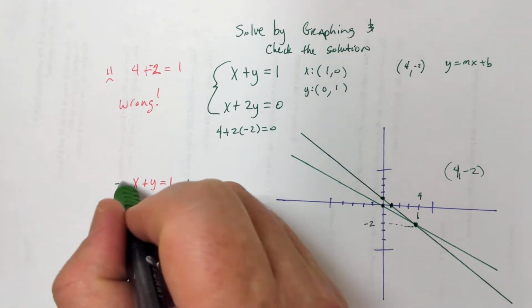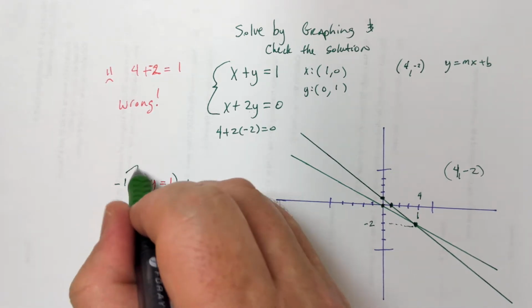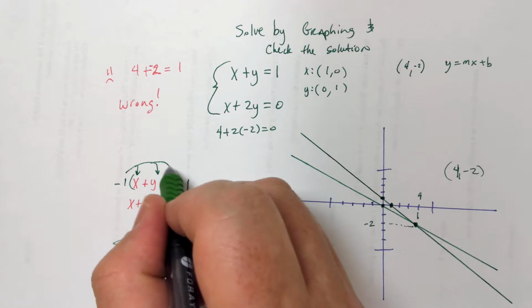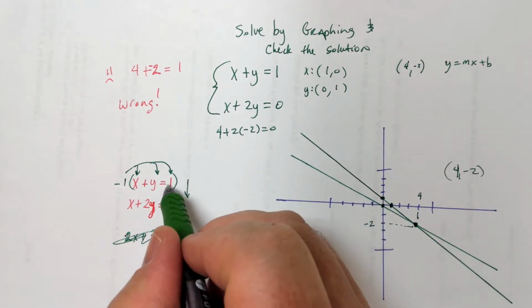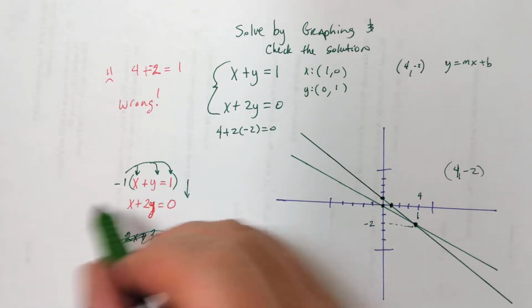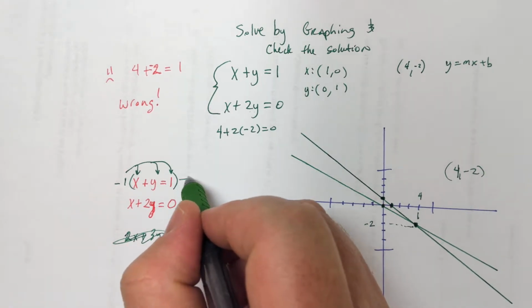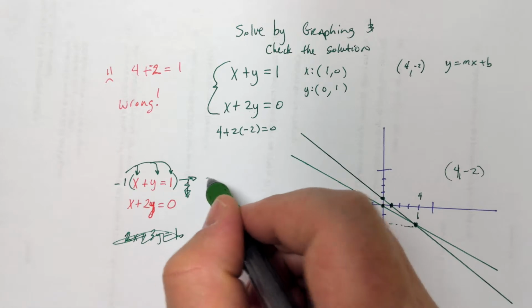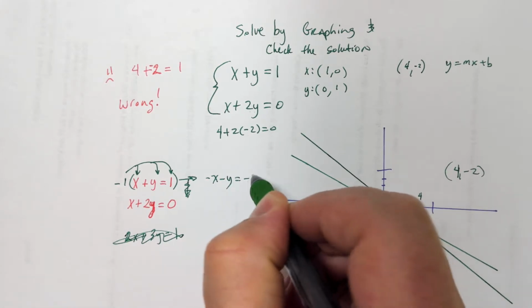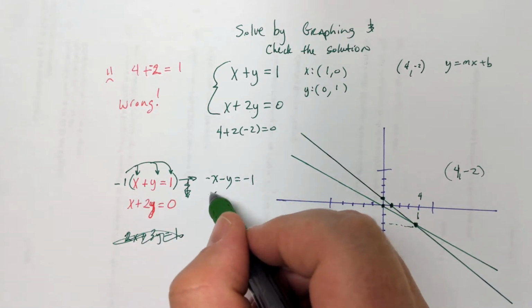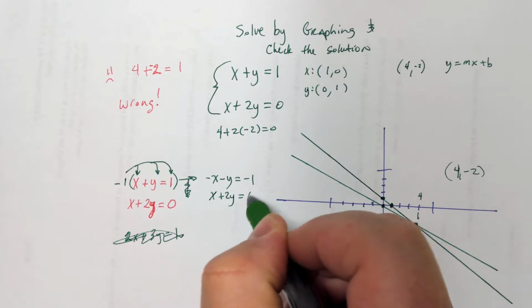So I'm just going to change the sign of the first one by multiplying everything by -1. You have to make sure you do both sides of the equal sign. So the whole thing gets multiplied by -1. So this is going to become -x minus y equals -1. And this one is x plus 2y equals 0.